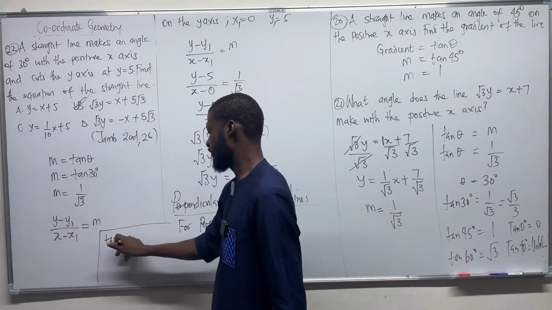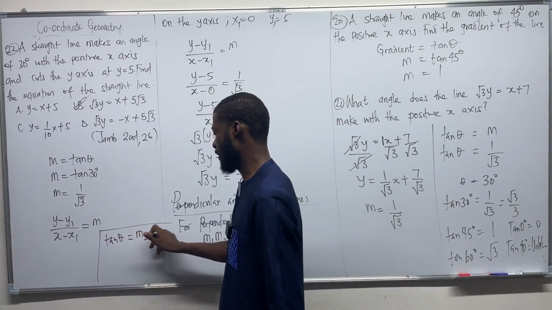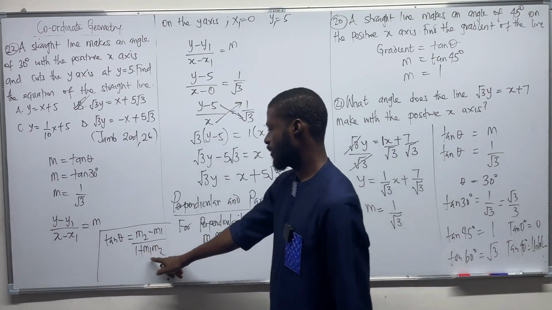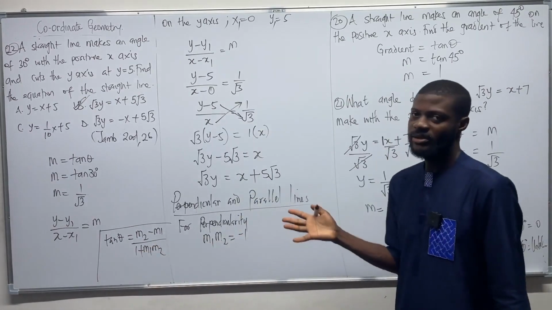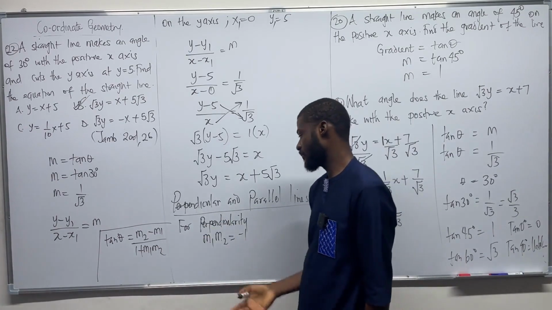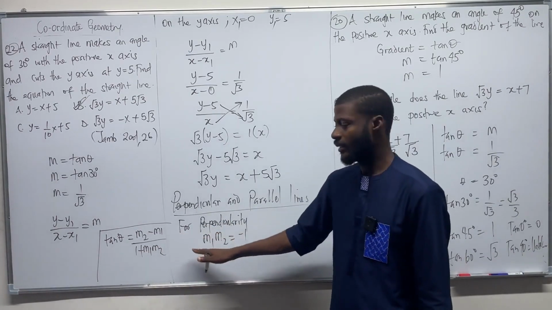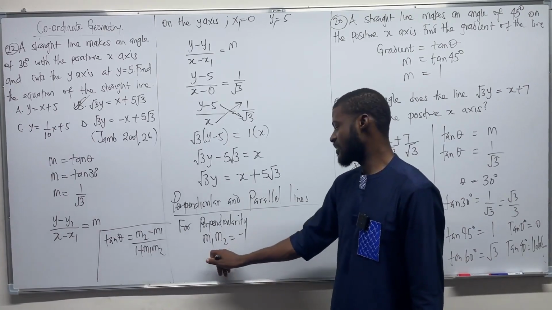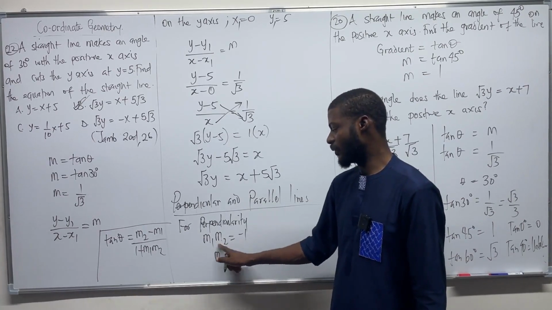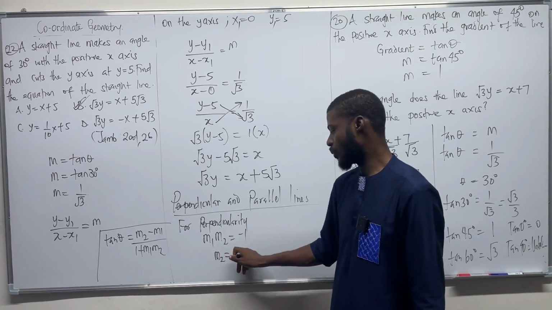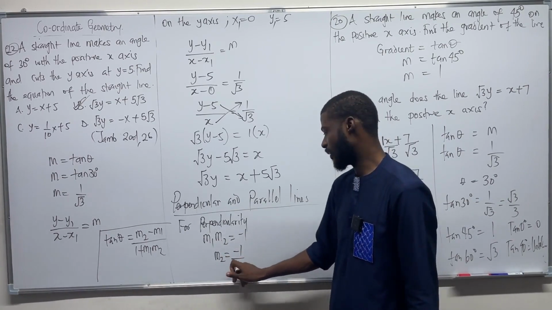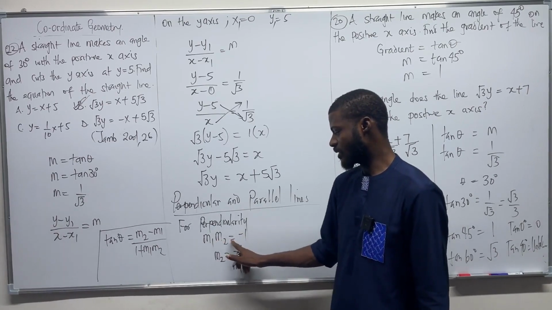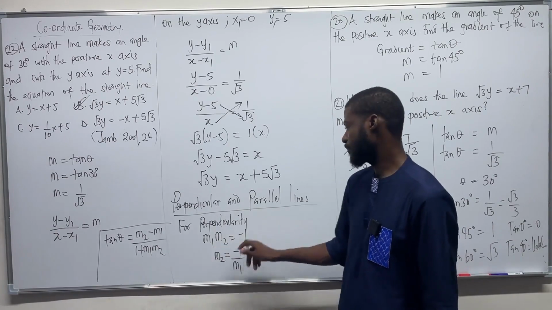Tan theta equals M2 minus M1 over 1 plus M1 M2. This is the formula to derive this. But since there's no need for me to derive it, just know that if two lines are perpendicular, the product of their gradients must give you -1. Which means that M2, meaning one of the gradients, is always equal to -1 over M1. If you divide both sides by M1, this is what you're going to get.